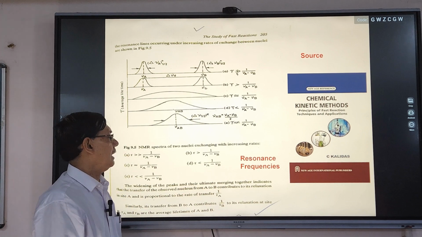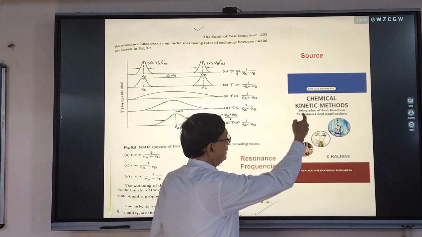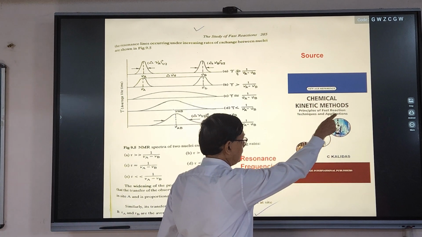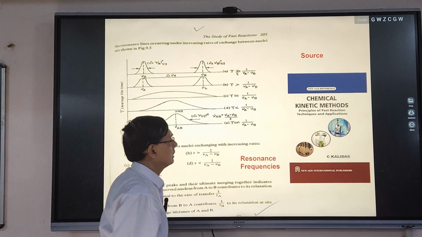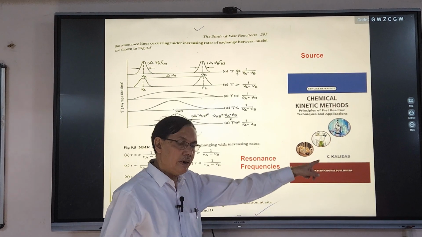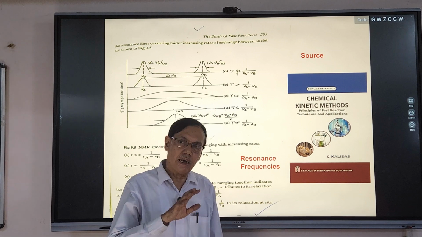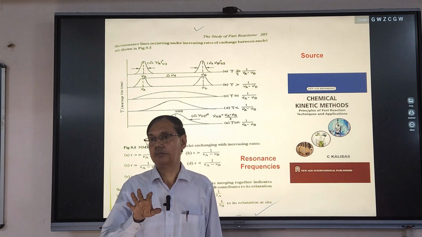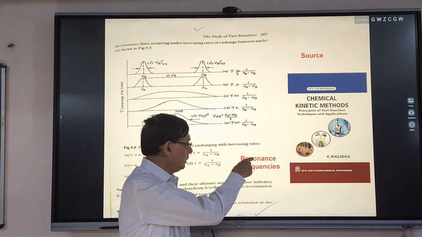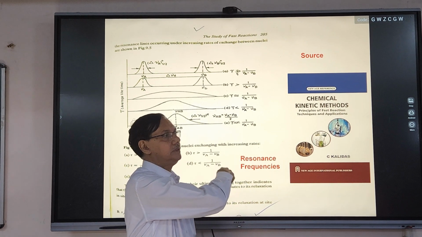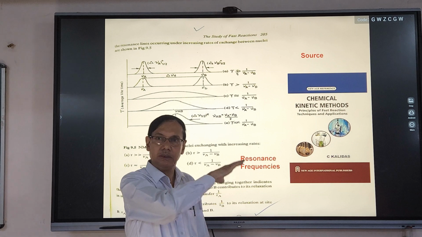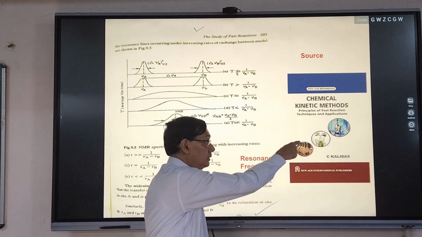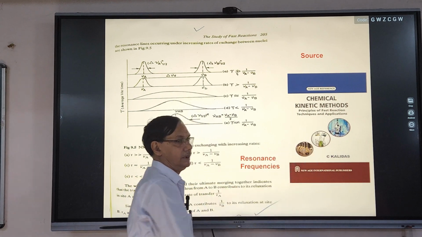I have taken this from the book by Kalidas, Chemical Kinetic Methods: Principle of Fast Reaction Techniques and Application. This book is available in our library, and there are a large number of examples, but I am using only one example, which is very simple. There are other examples available in that book. You must refer to some of the other examples also.